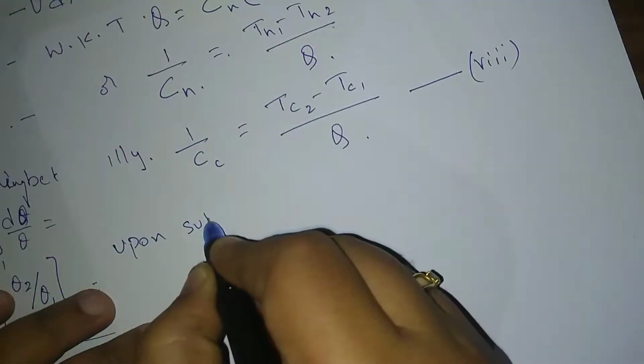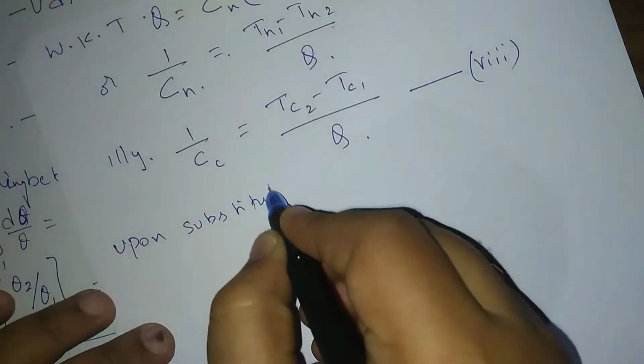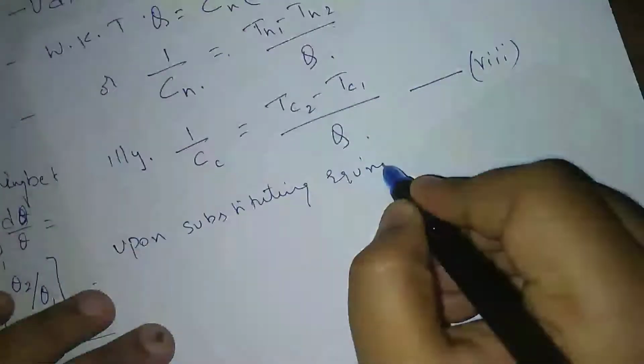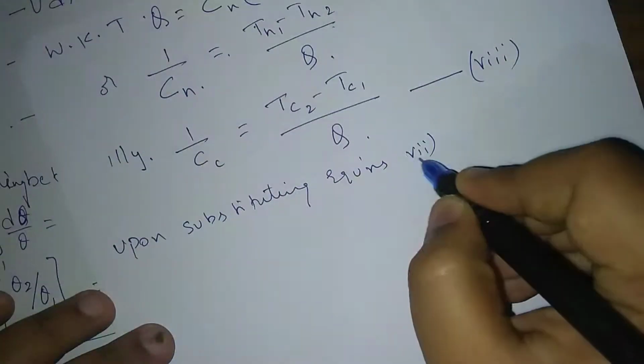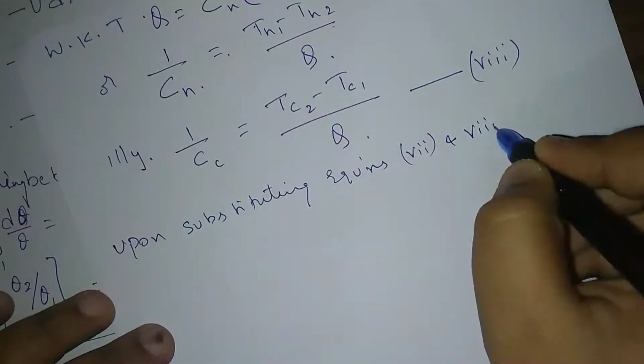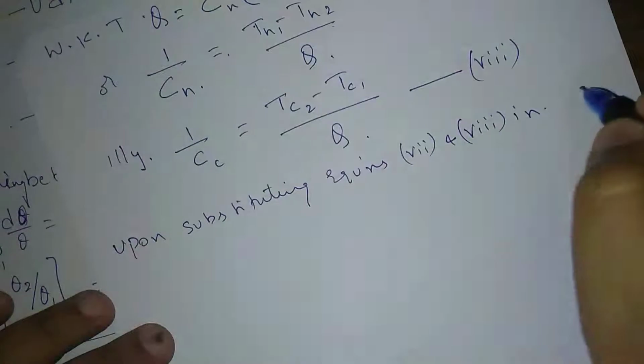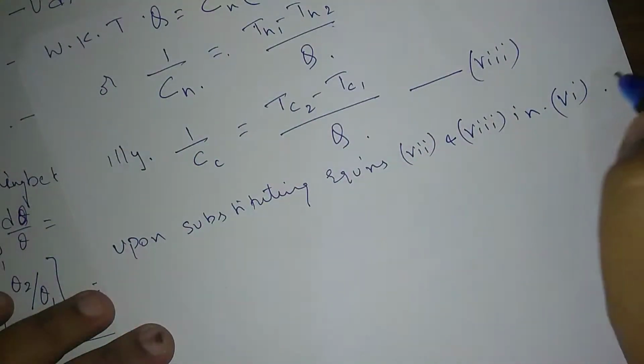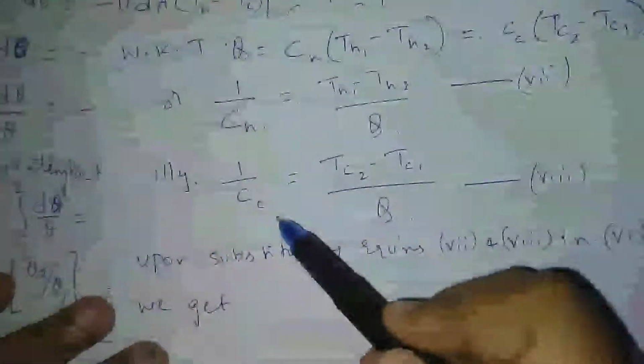So upon substituting equations 7 and 8 in 6, that means basically we are substituting for 1 by Ch and 1 by Cc.